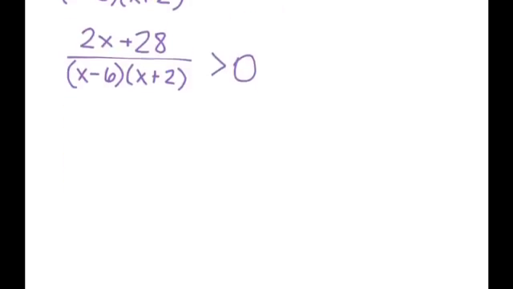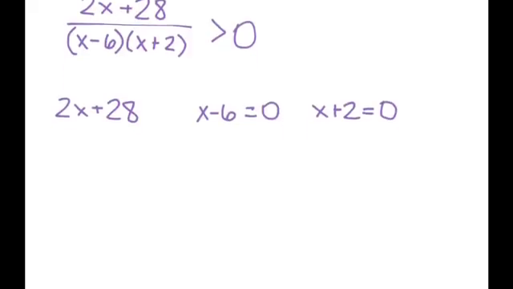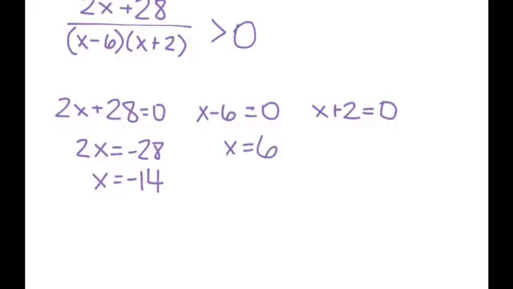And now we can set the top and the bottom equal to 0 in order to find our key numbers. So the first key number is negative 14, 6, and then negative 2.